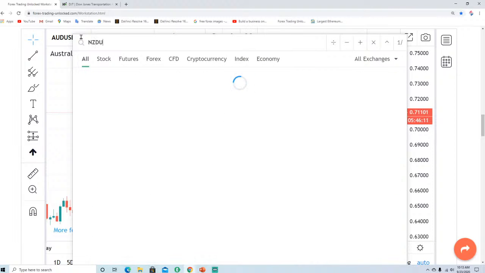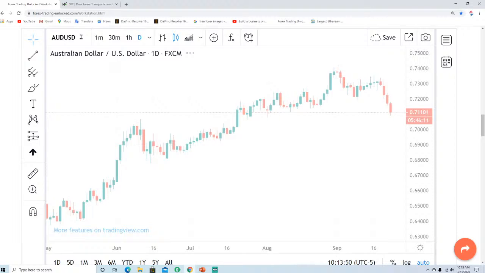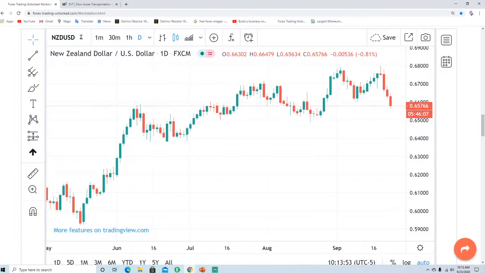Now let's look at the New Zealand dollar, U.S. dollar. Unlike the Australian dollar, this market actually set a higher move high just a few sessions back before making a lower move low. So this is technically neutral, not bearish yet. However, it's most likely the very beginnings of it.